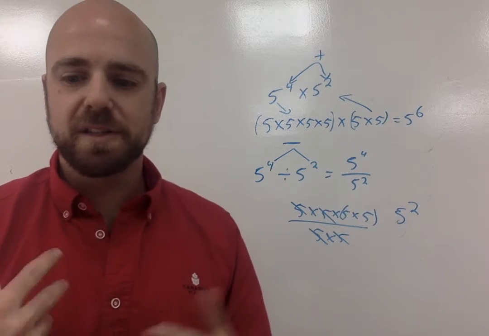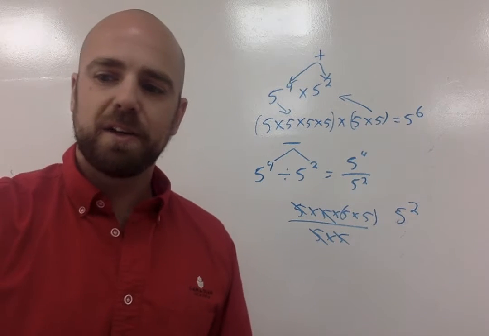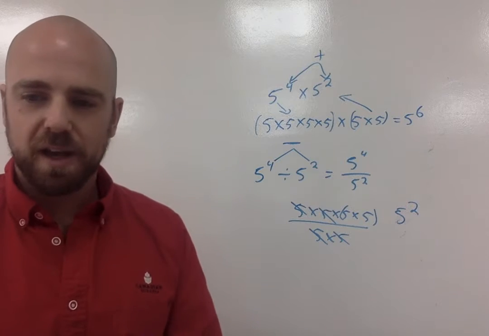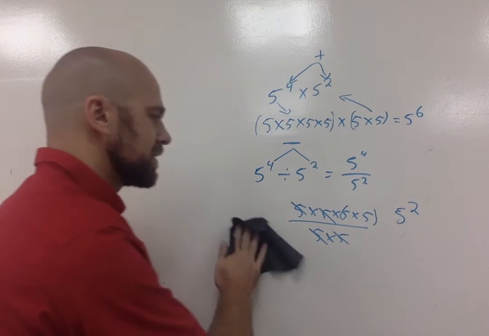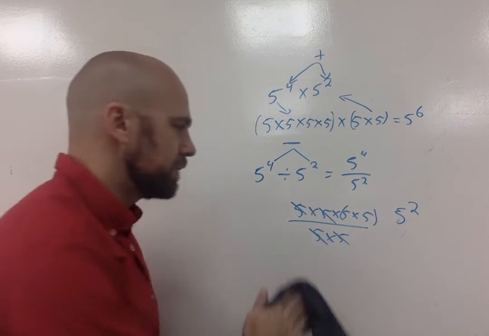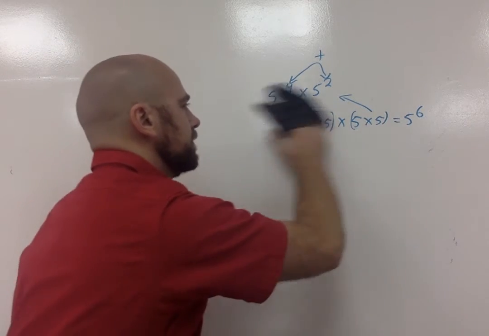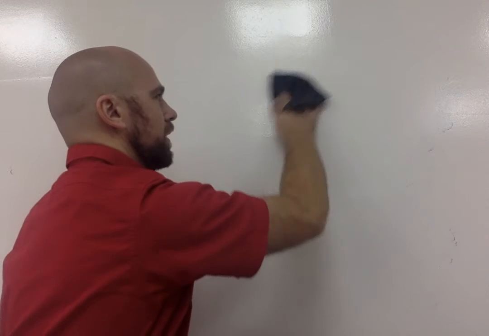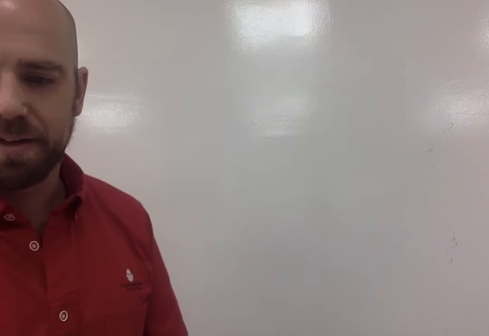So this is something that we can try to apply a little bit more. I'm going to give you some questions, and I'm going to let you try to answer them based on this rule that we've developed already. When we're multiplying them, we will add the exponent.